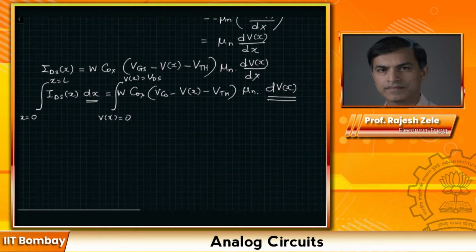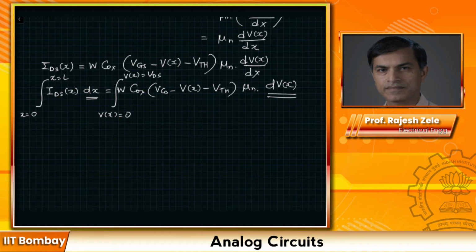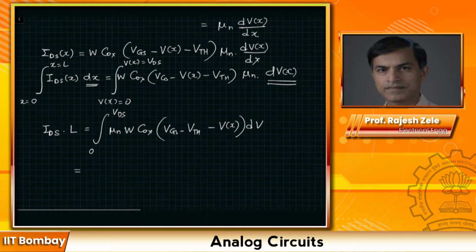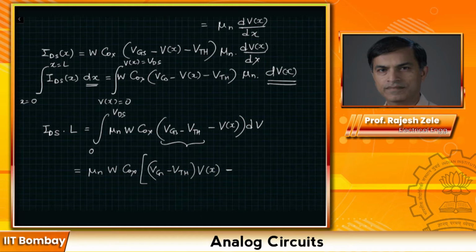So we can do this integration and you will see it becomes IDS times L, since dx becomes L after integration, and on the right side you get the integral from 0 to Vds of mu n W Cox times VGS minus Vth minus Vx dV, and this would look like mu n Cox, and this part will give us VGS minus Vth times Vx minus Vx square divided by 2, and this would go from 0 to Vds.